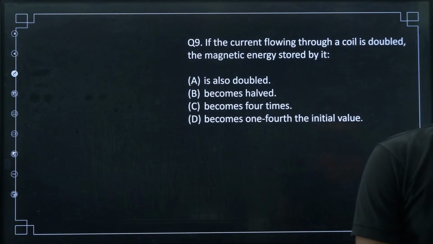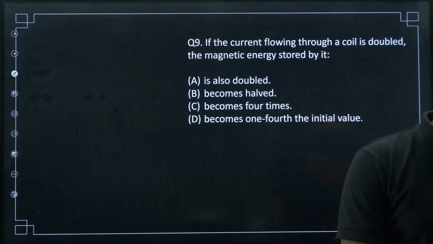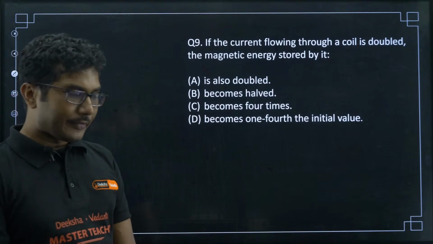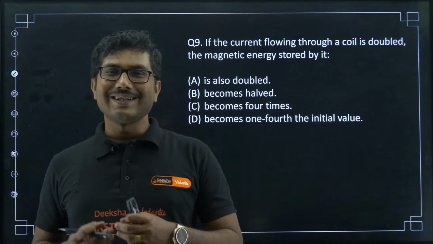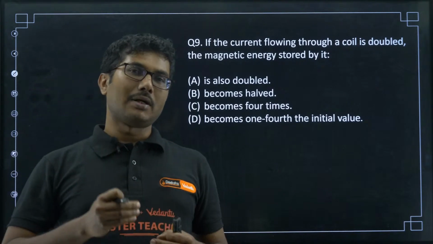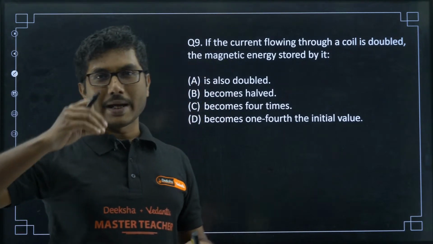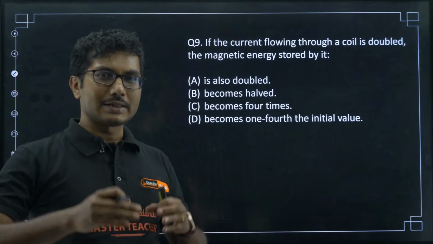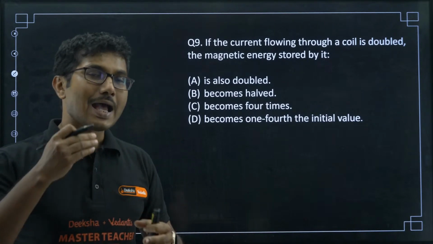Punit and JEE aspirant, please mention the question number. Because as you know, when I am live streaming, there is a 10-second lag from my end to go to your side. It takes about 10 seconds from your side to come back to me, another 5 to 10 seconds. So total 15 to 20 seconds lag is there.